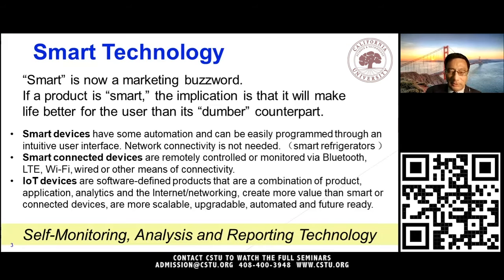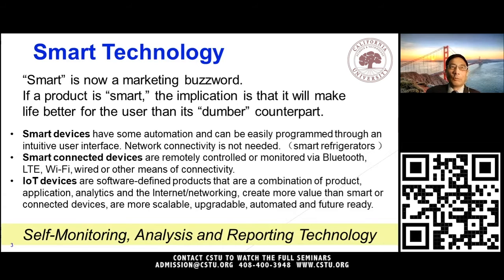Smart originally was a measurement for human intelligence. When we say this guy is smart, it means quick response, very knowledgeable, a smart person. That's how we describe the human's characteristic. Now this has become a marketing business term.